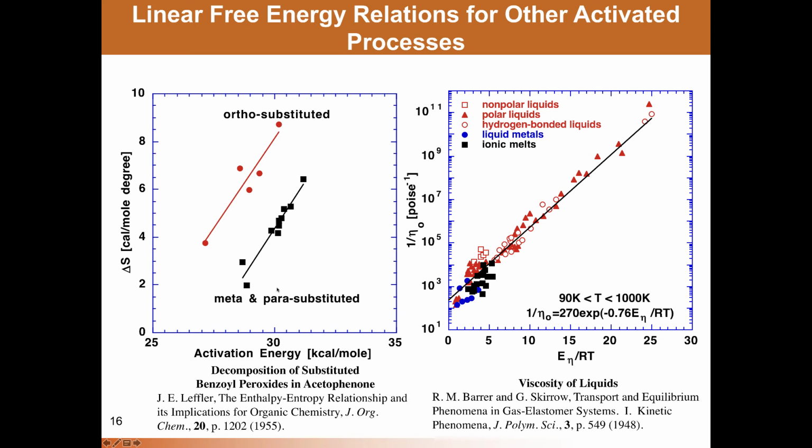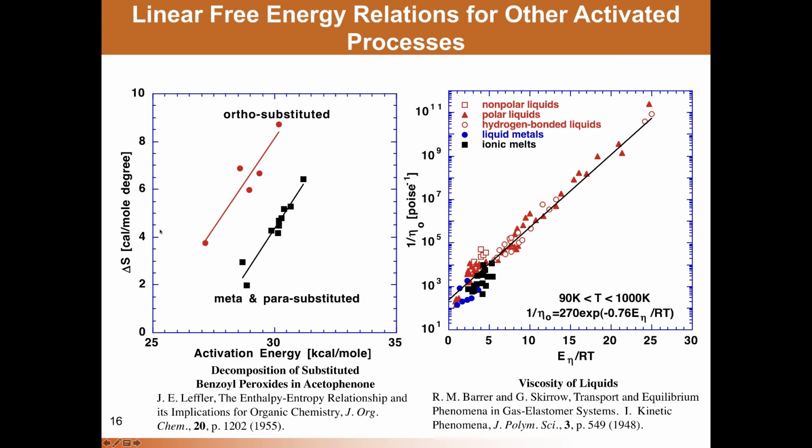Similarly, one can measure the rates of a chemical reaction, and the rate of reaction will be equal to a front factor times e to the minus activation energy over RT. It turns out that the activation energy in that rate equation is very strongly correlated with the logarithm of the front factor.